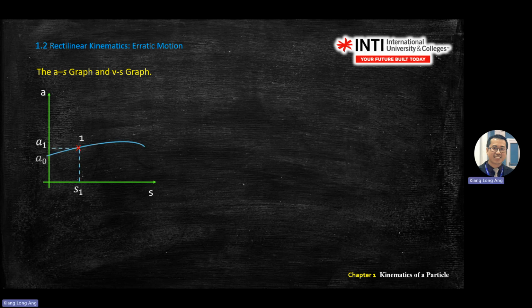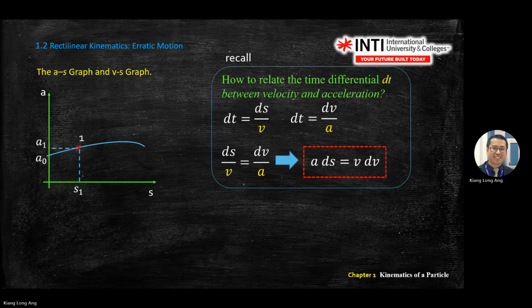So let's say you have one AS graph. The procedure is that you need to recall this equation, A ds equals V dv.